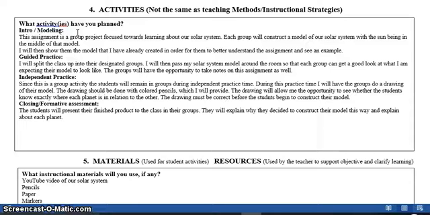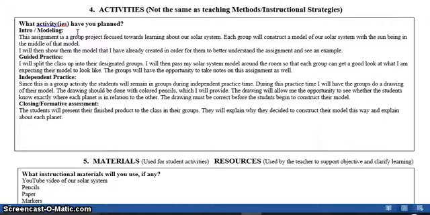The independent practice, since this is a group activity, I'm really just going to keep them in groups so that they can start to get to know each other and just work in groups. During this practice time, I'll have the groups draw a picture of their model.